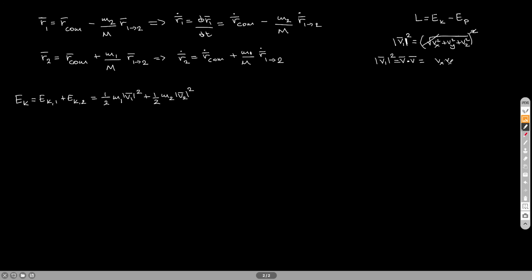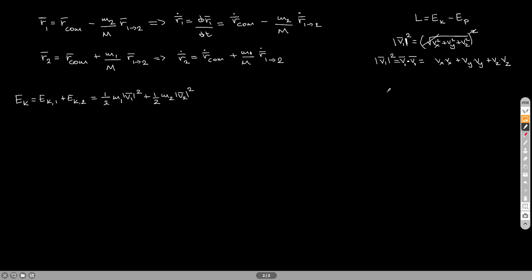So vx times vx plus the y component of the first vector times the y component of the second vector, so vy times vy, and the same thing for vz. But here it is, this is vx squared, this is vy squared, this is vz squared. So that is the reason that I can say the square of the magnitude of the velocity vector is simply equal to, in this case, I should have written v1 dot v1.